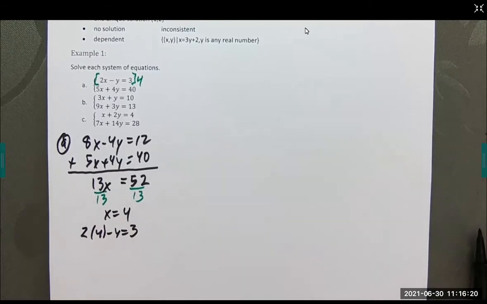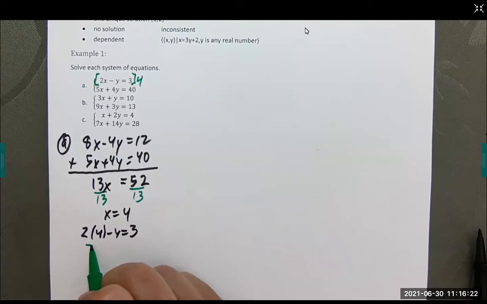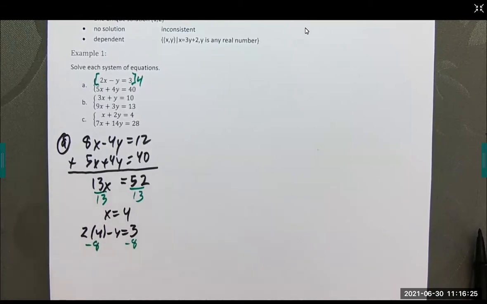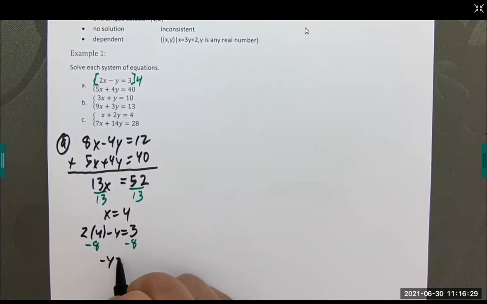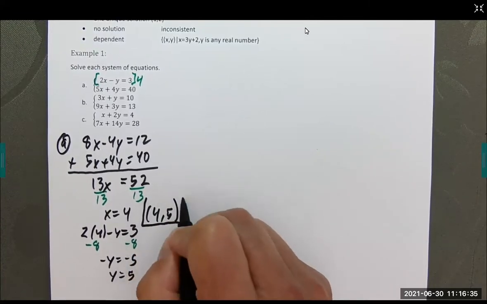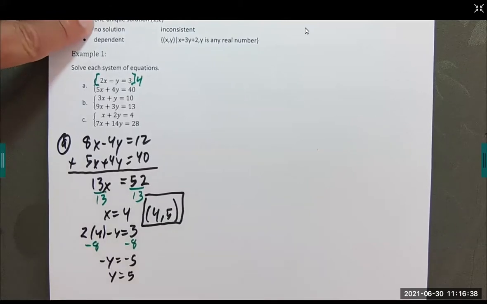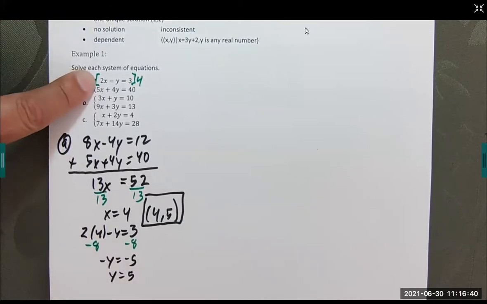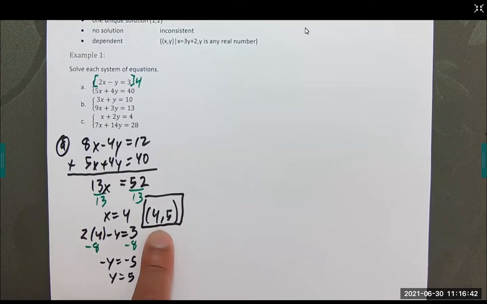This becomes 8 minus y, so I'm going to subtract 8 minus 8. So negative y equals negative 5, which means y equals 5. So my answer is 4, 5. So this is an example of one solution. So if I were to graph these two lines, I would see them cross at the point 4, 5.